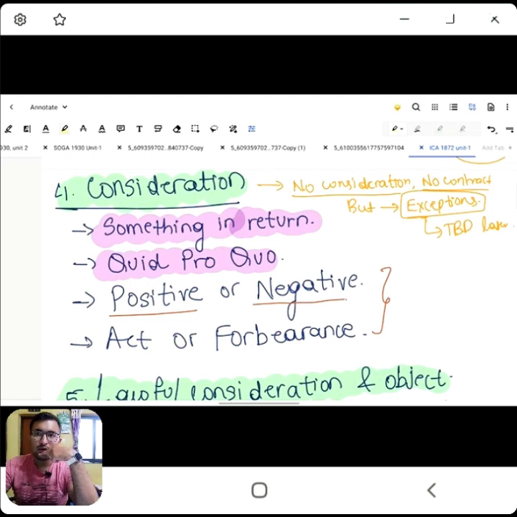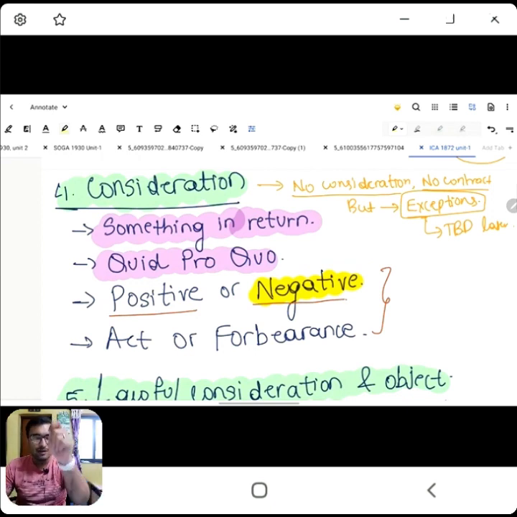They say okay, what do we have to do in return? Don't teach law for the next 5 years in this area. Am I doing something for them? Yes, I'm giving them money. Are they doing something for me? Yes, they are not teaching law. This consideration which I am getting in return is a negative consideration, by not doing something.